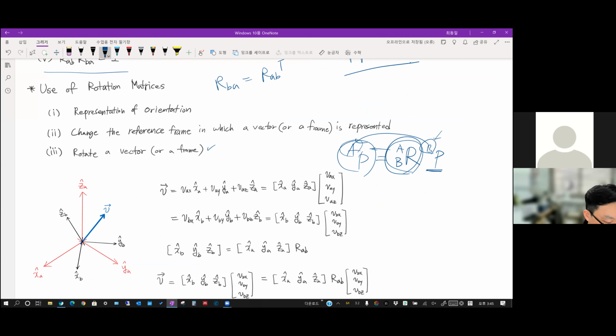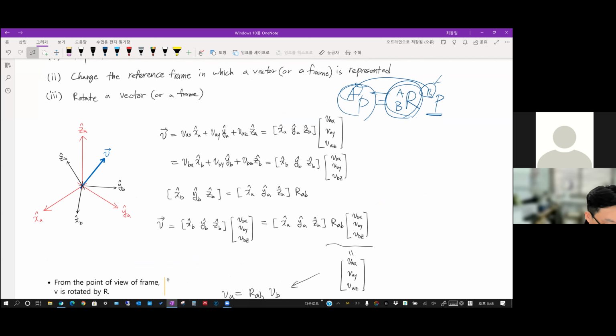About this one, we will explain in more detail here. So firstly, there is a V vector, and we can represent it in A frame, and also we can represent it in B frame.